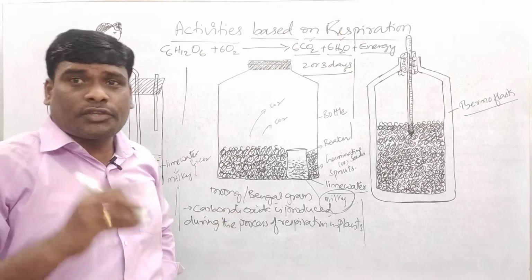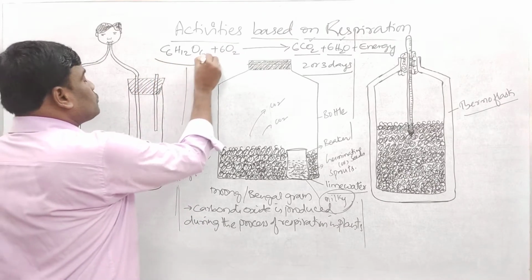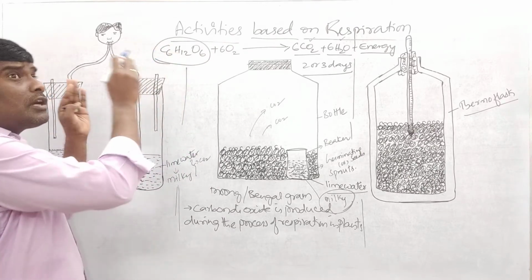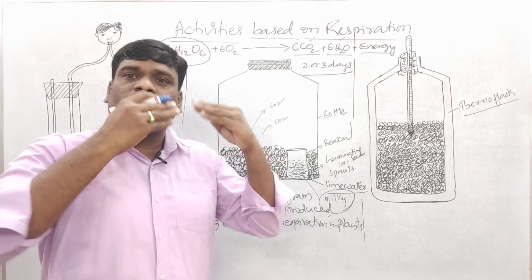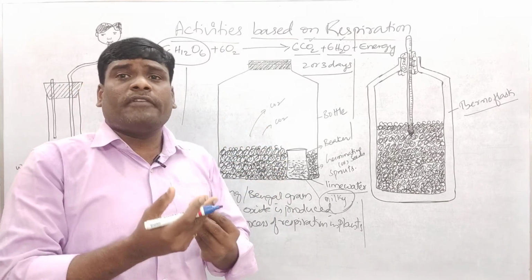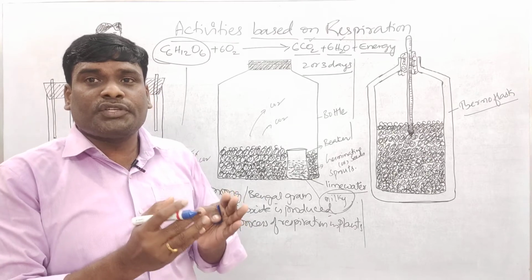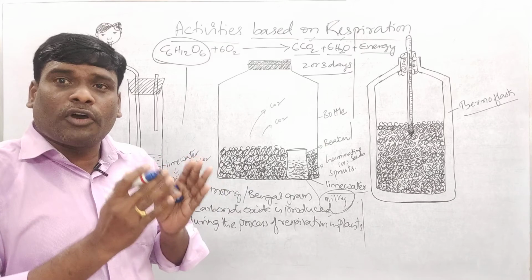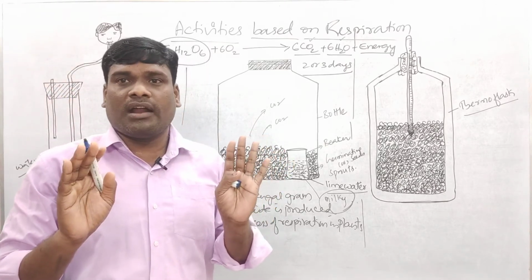So I wanted to ask you one question here, children. This is the glucose molecule. By breaking down the glucose molecule, is all the energy formed as ATP, or is any other form of energy also liberated? The energy formed during the breakdown of glucose is nothing but ATP molecules.